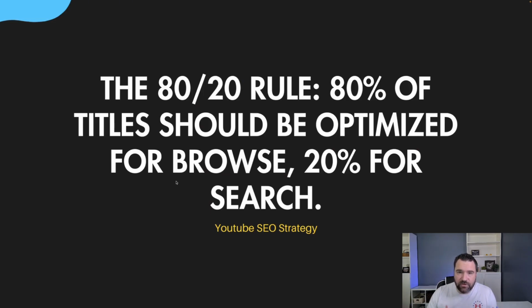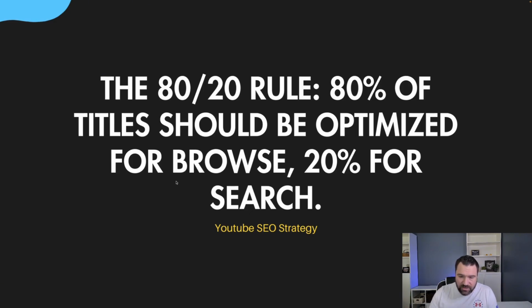Like I often talk about how YouTube success is the 80-20 rule, right? 20% of your videos are going to get 80% of your results. Well, you can apply that to almost anything in life. Even when we optimize our video titles, we can use the 80-20 rule. And that would say that 80% of our titles should be optimized for browse and about 20% for search.